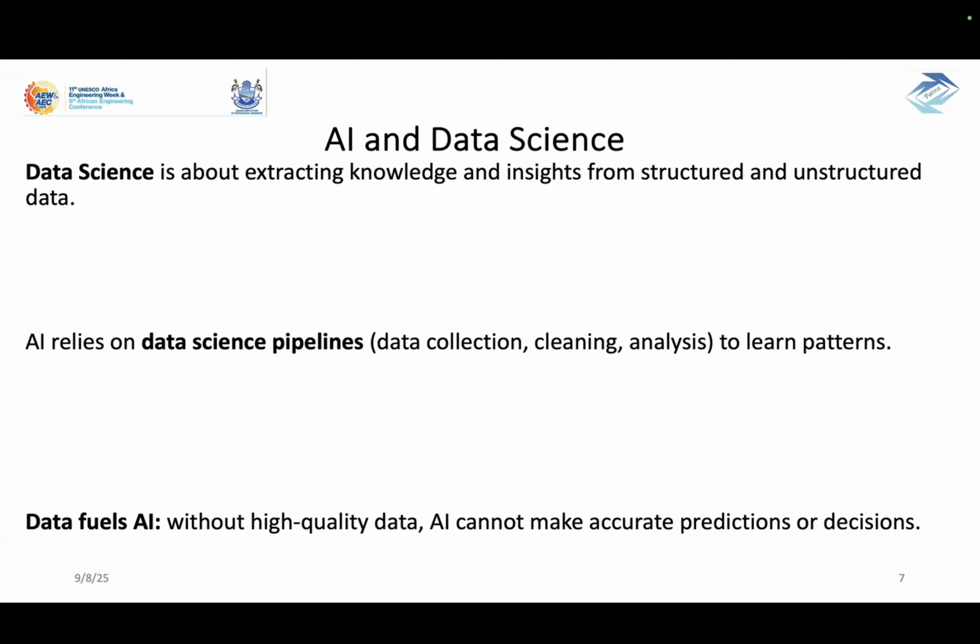And that data has to be very high quality. So AI cannot make accurate predictions or decisions if your data set is biased. For example, sometimes people do training with law enforcement.